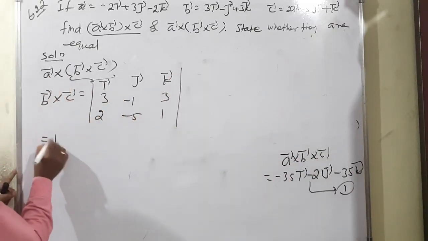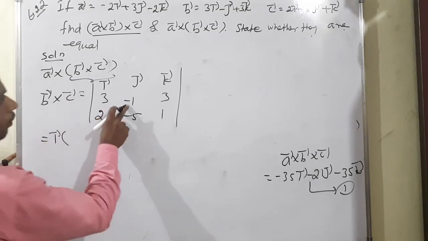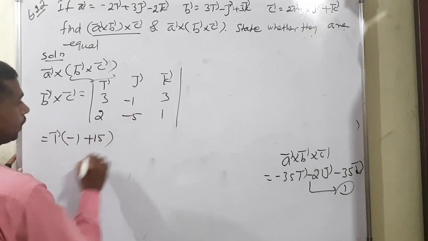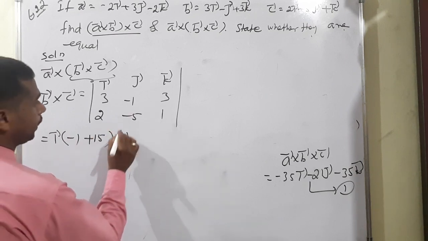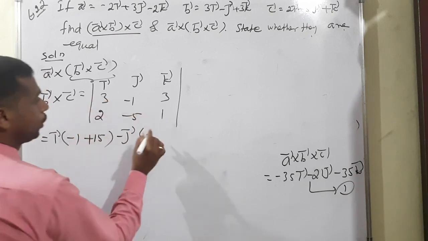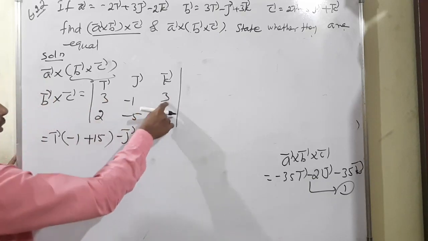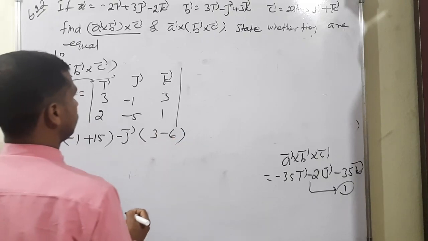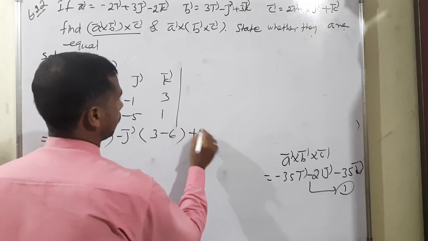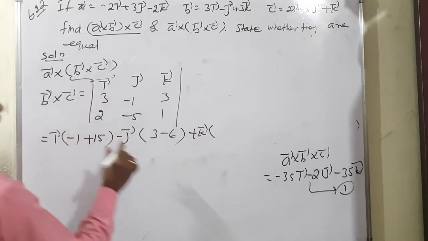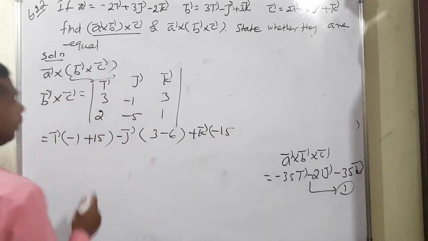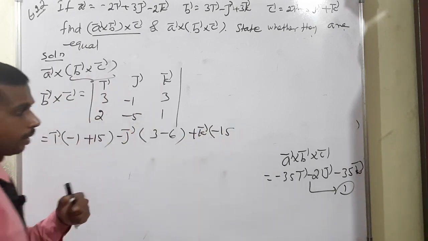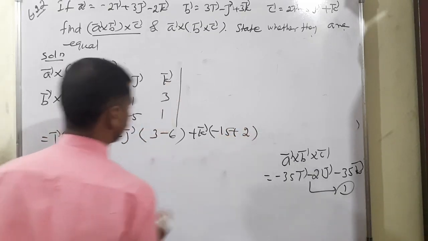Now look at there, i vector: minus 1 into 1 means minus 1, cross multiply means plus 15. Next, minus j vector: 3 into 1 means 3, 2 threes are 6, cross multiply minus 6. The next, plus k vector: 3 into minus 5, minus 15; 2 into minus 1 means minus 2, cross multiply means extra minus, therefore we can write it positive 2.